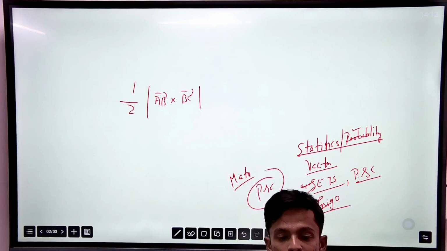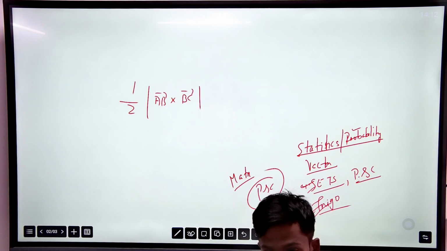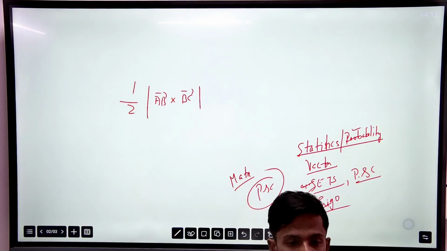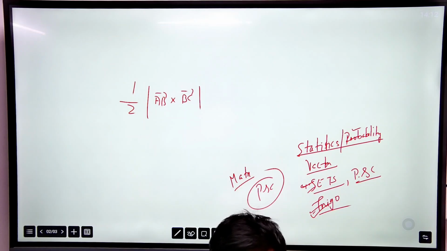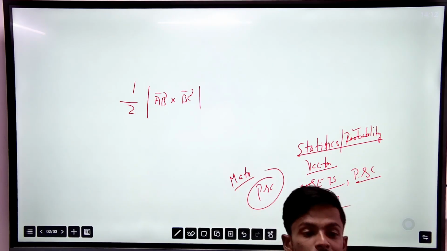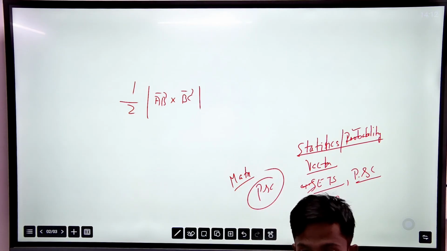Yes or no? Now if I am talking about the direction cosines of the x-axis, y-axis and z-axis respectively, what will be your answer? So what will be the direction cosines for x-axis? Will it be 1, 0, 0? Yes. Direction cosine for x-axis.